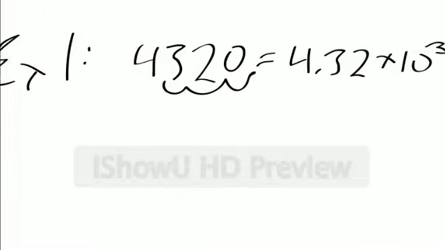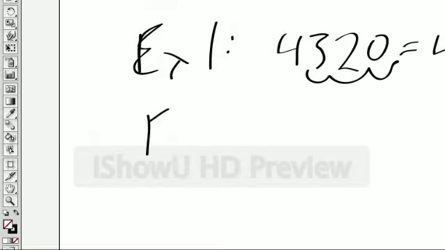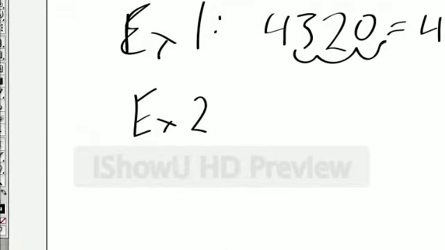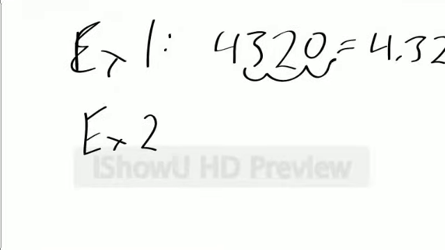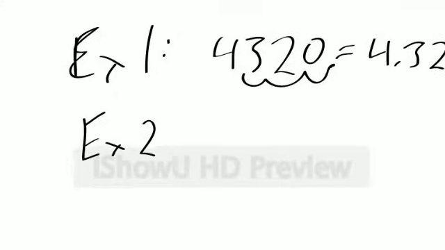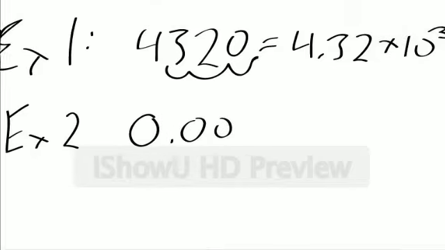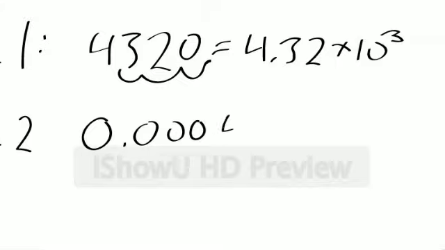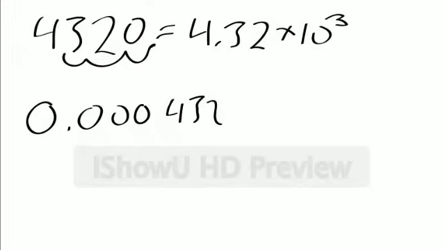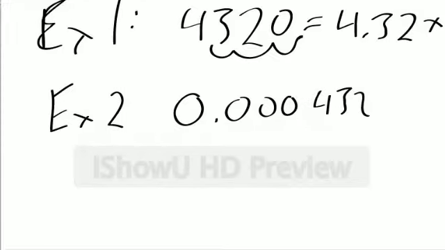That's it. If I want to go from using a number smaller than 1, such as 0.000432, now our decimal place is here, and I'm moving it the other way.